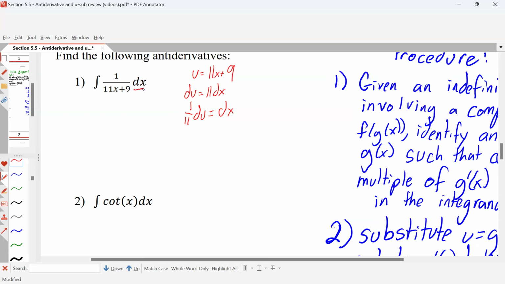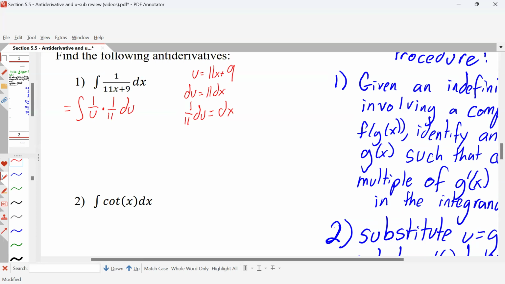This dx is going to become 1/11 du. Meaning our new integral in terms of u is 1 over u times 1/11 du.